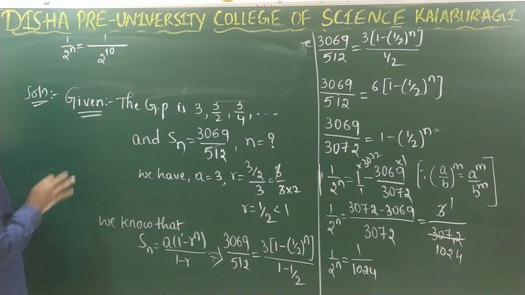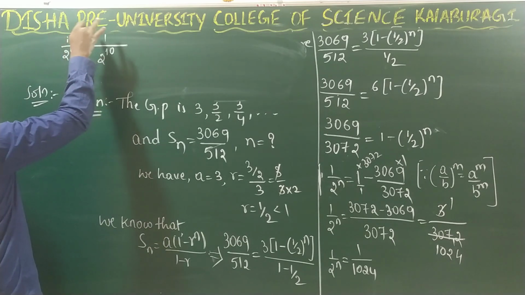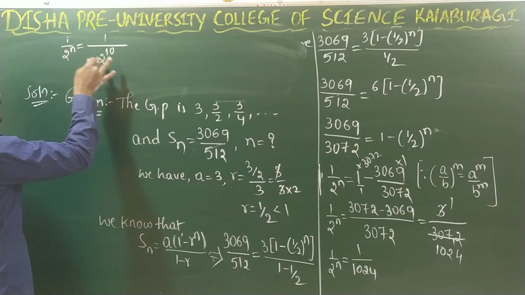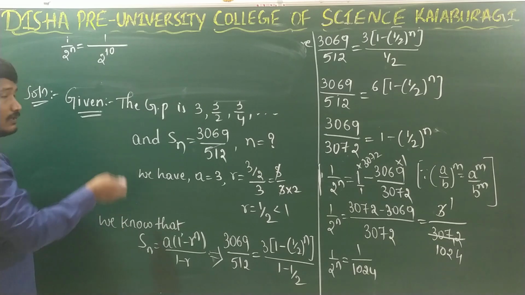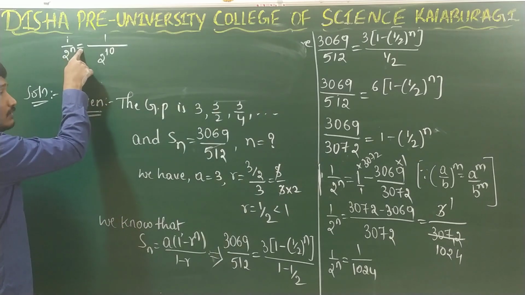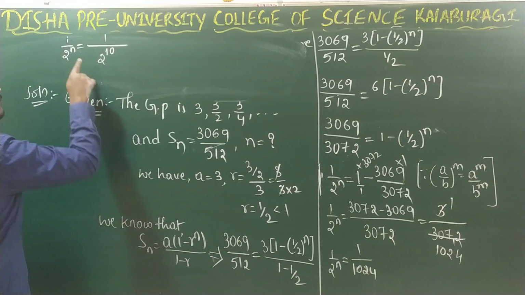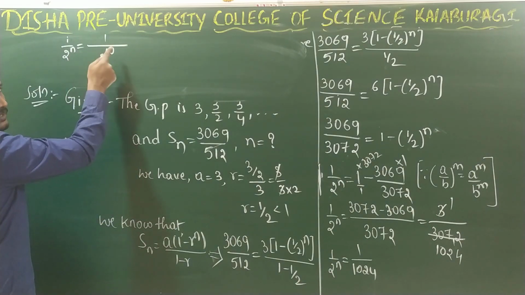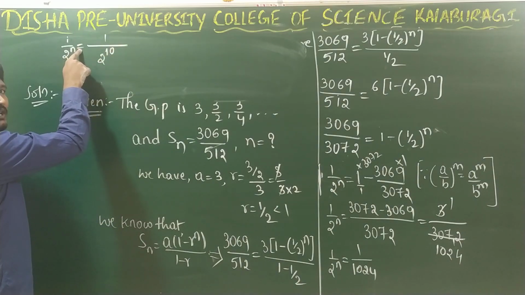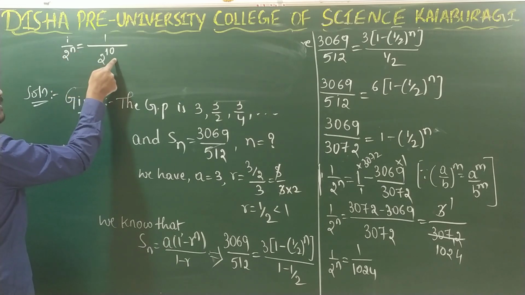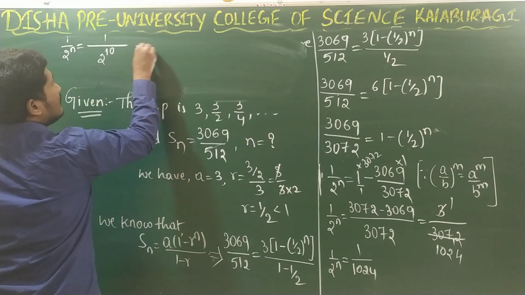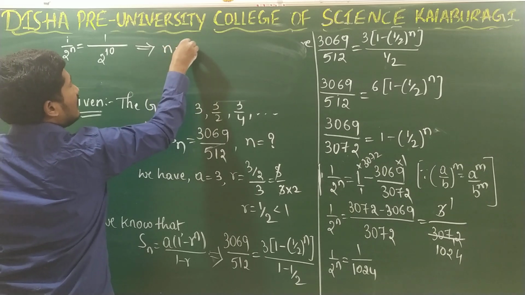These two terms are equal. Numerator is same, so denominator also must be same, right? Because two terms are equal, so the value in the denominator also must be same. When will they be same? When the powers will be same, right? So already the terms are given equal, so when I compare this term, I will get the value for n as 10.